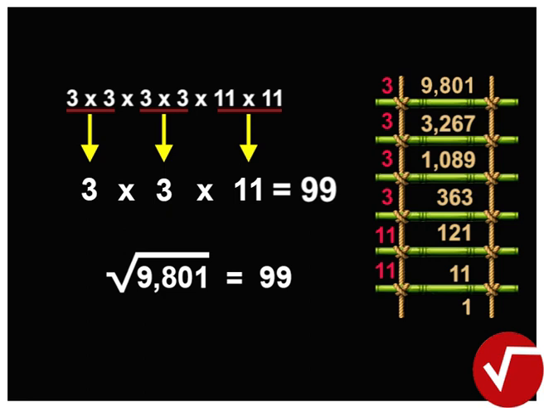In the same way, we can solve the square root of all the numbers which are perfect square numbers. But you must be well versed with the prime numbers. I hope you have enjoyed and understood the ladder method of finding the square root of perfect square numbers.